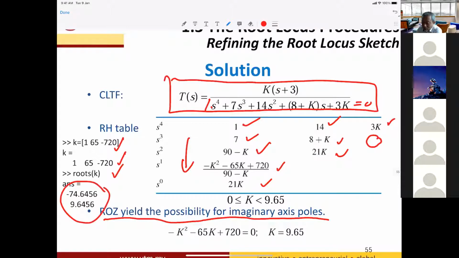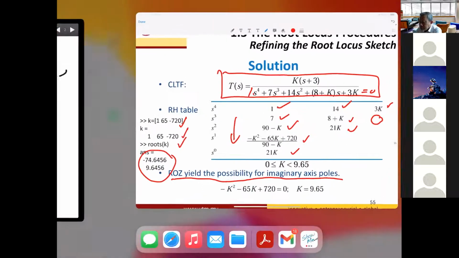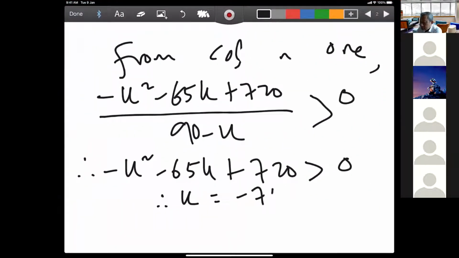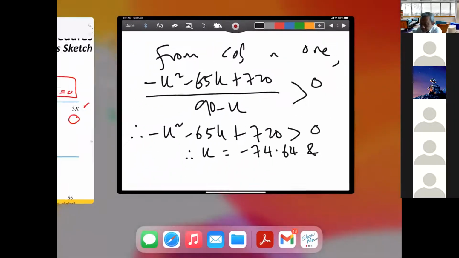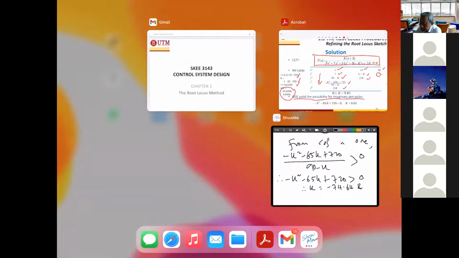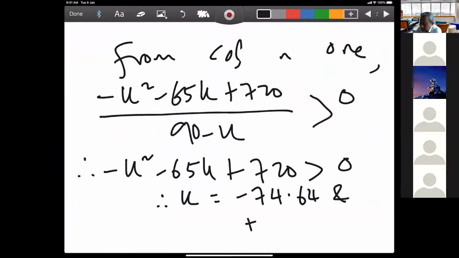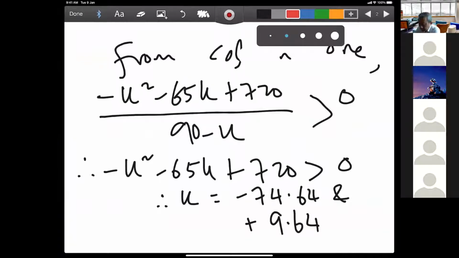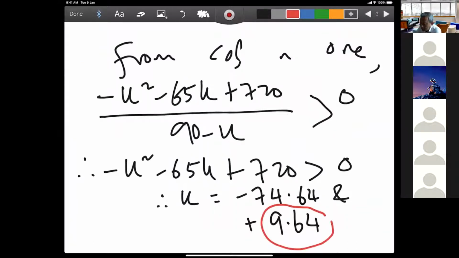So minus 74.64 and plus 9.64. Which one is the positive number? This one. So the other is disqualified because it is a negative number. So K is 9.64.